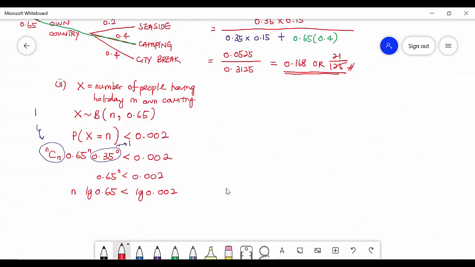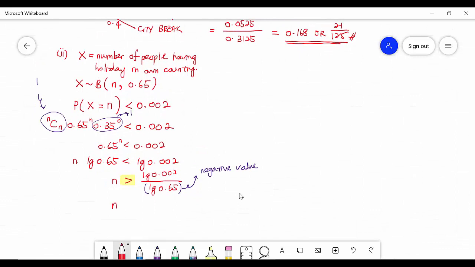Then if you bring log 0.65 over, you need to change the sign. Why do I need to change the sign? It is because this value itself is a negative value, so when we move a negative value to the other side, you need to change the sign of the inequality. Continuing from here, n will be greater than 14.4, and n must be an integer, because they are talking about the number of people. So n should be equal to 50.